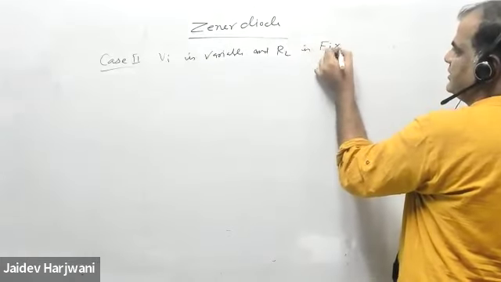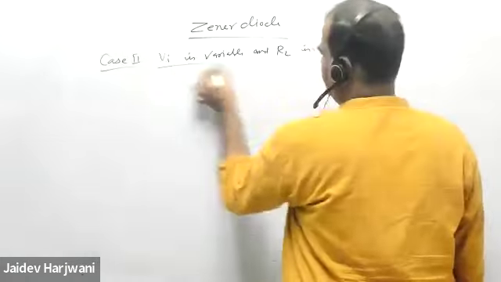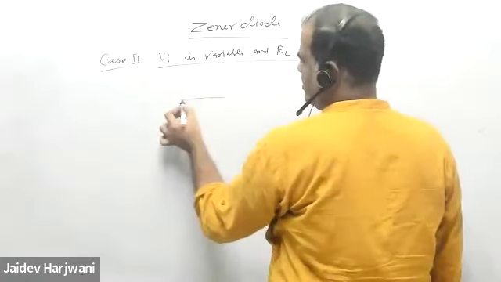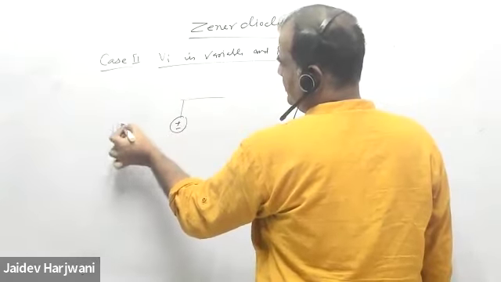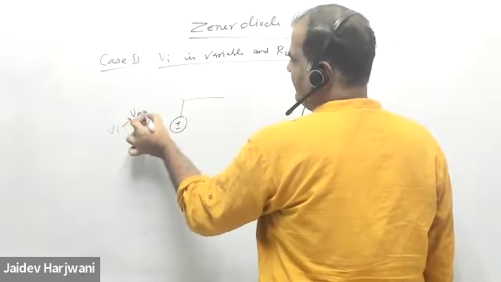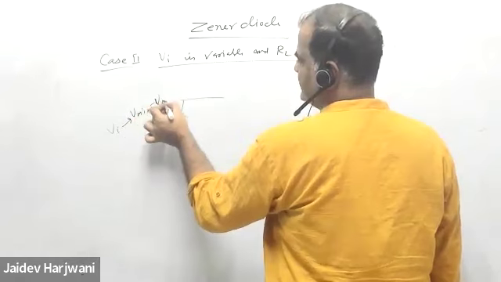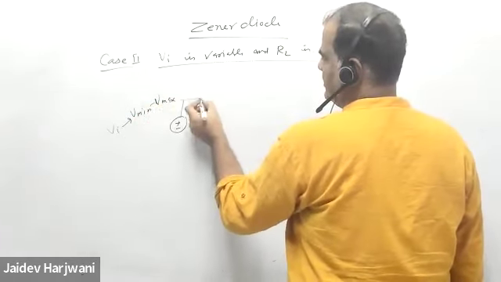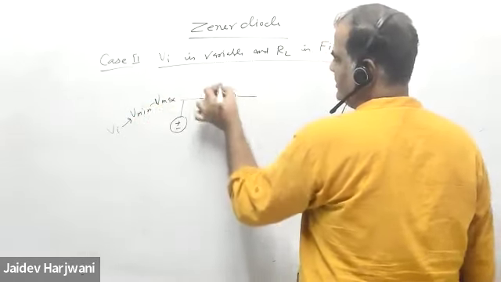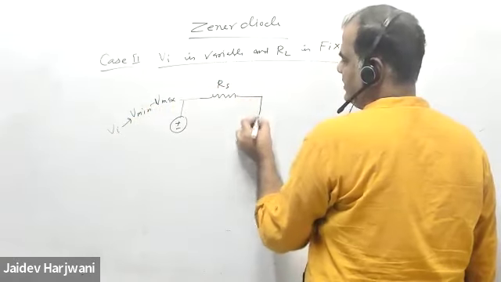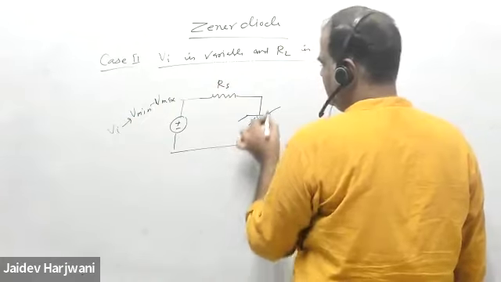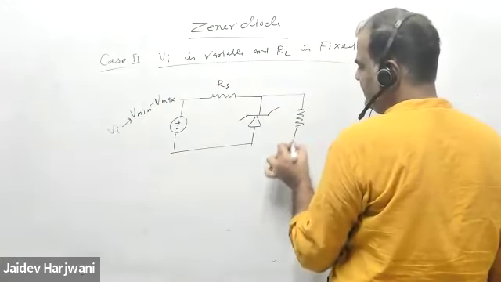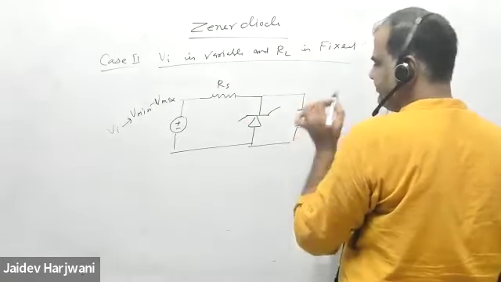RL is fixed. That means now we have a source, V input, which varies from V minimum to V max, and here you have RS, here you have a Zener diode, and here this RL is fixed.